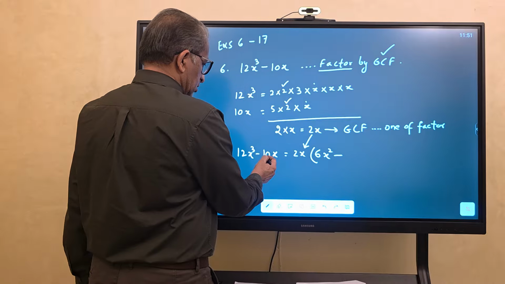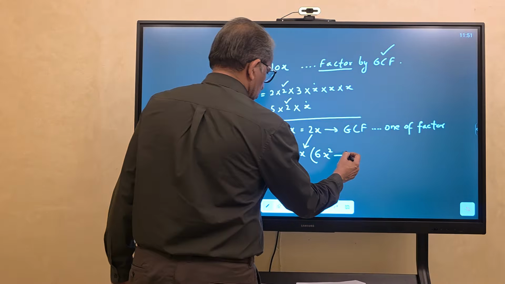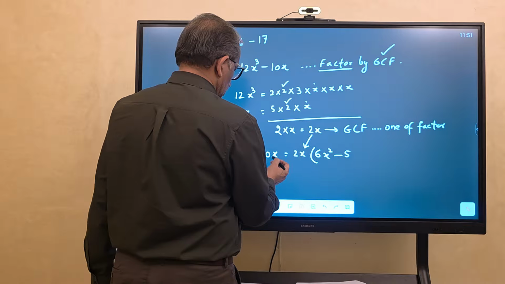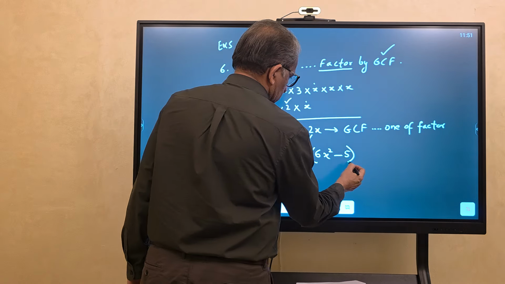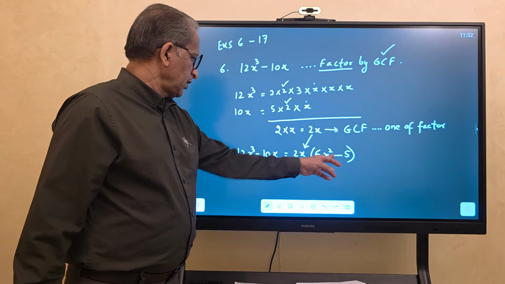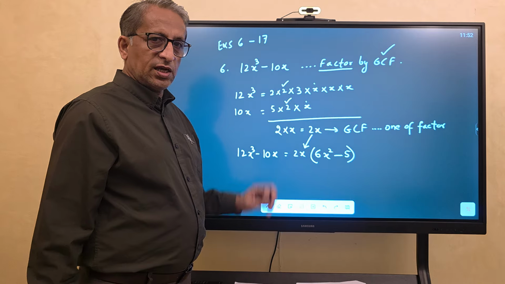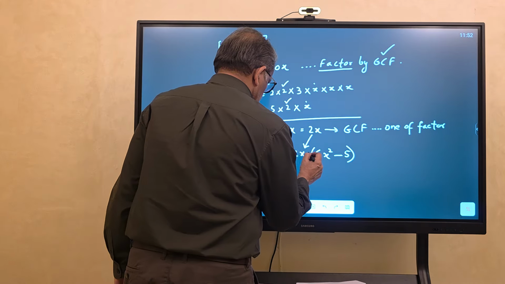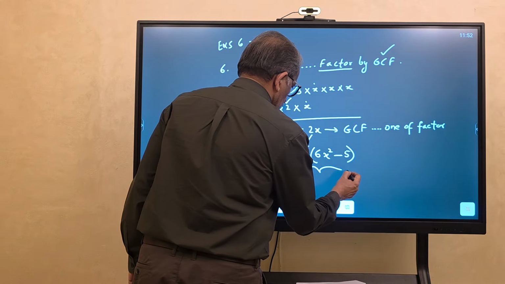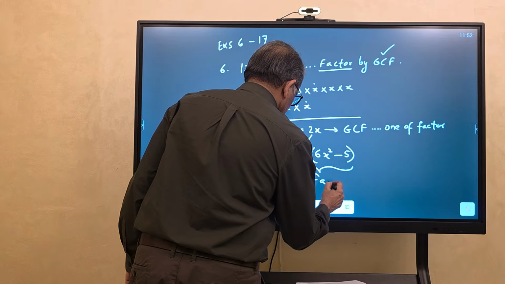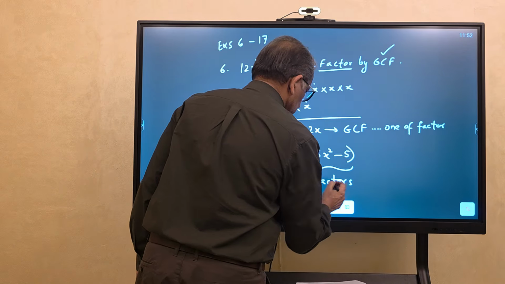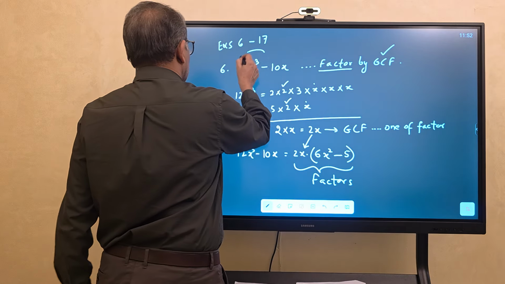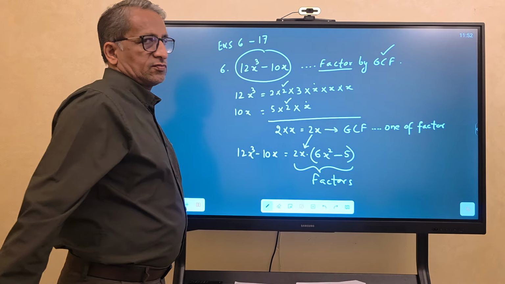If I take 2 from this, you are left with 5, and already there is x, so no need. So 5 into 2, 10 and it is x. So these two are factors of the binomial.